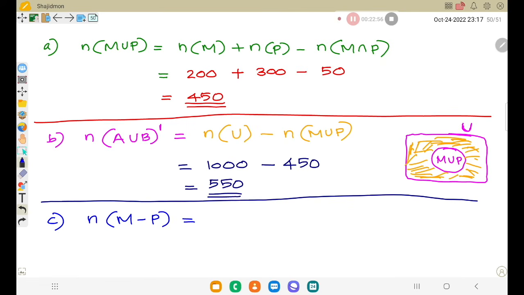We studied one rule in the beginning itself, number of elements of A minus B, which equals number of elements of A minus number of elements of A intersection B, correct? We studied mainly two rules.